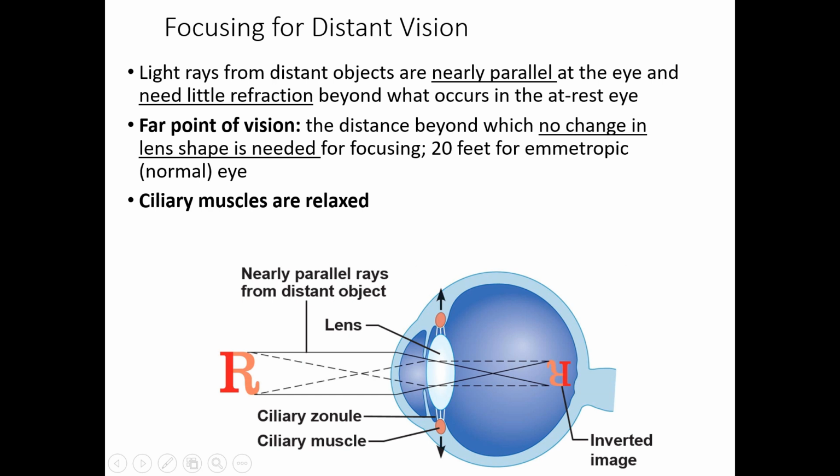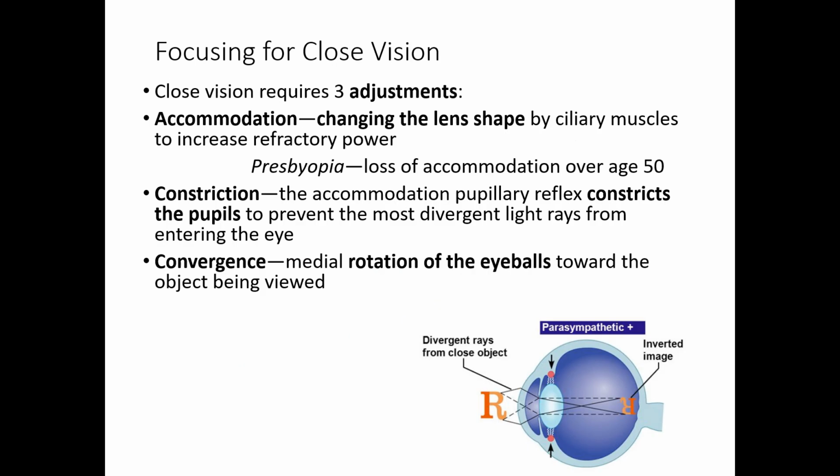We do not need to adjust our eyes for distant vision, because distant rays of the objects that are located 20 feet or more away from our eye, they go parallel, they enter the eye, and they do not require any changes from the lens. Ciliary muscles are relaxed. That's the easiest for our eye to see things 20 feet or more away.